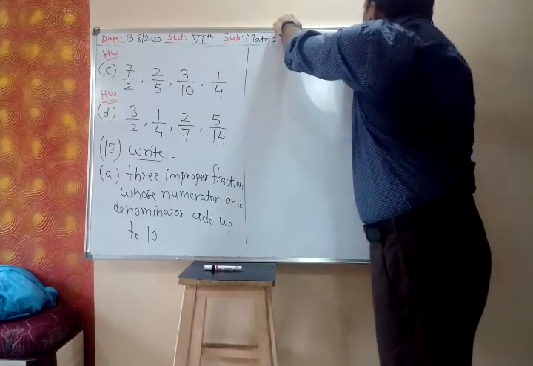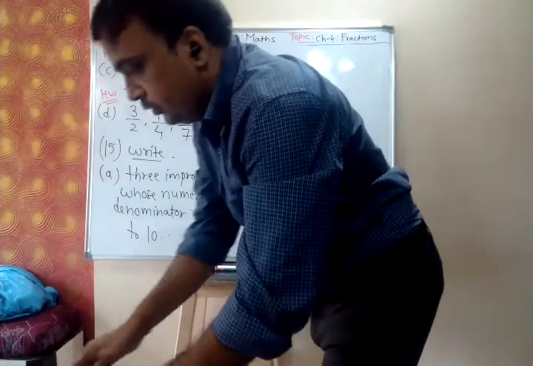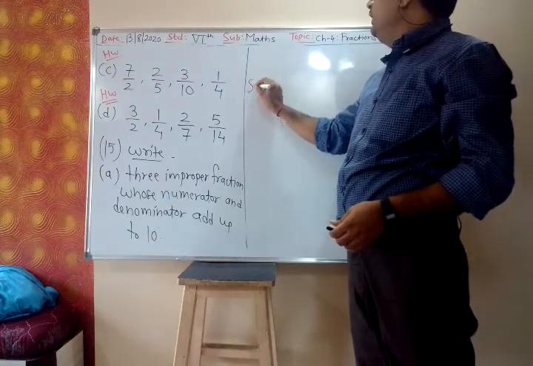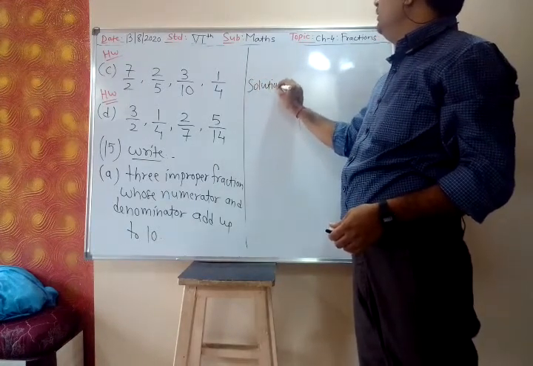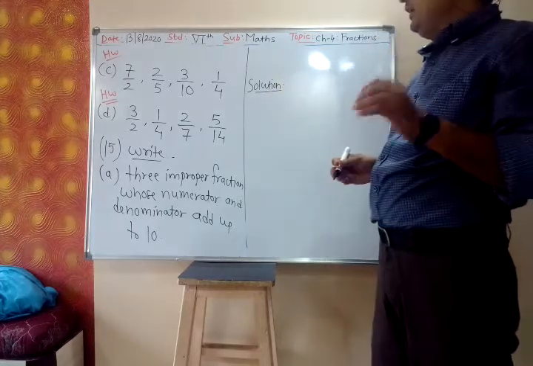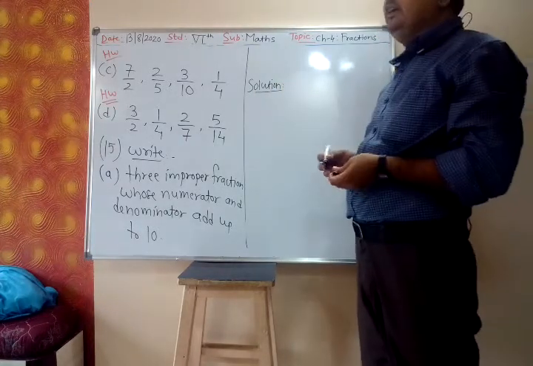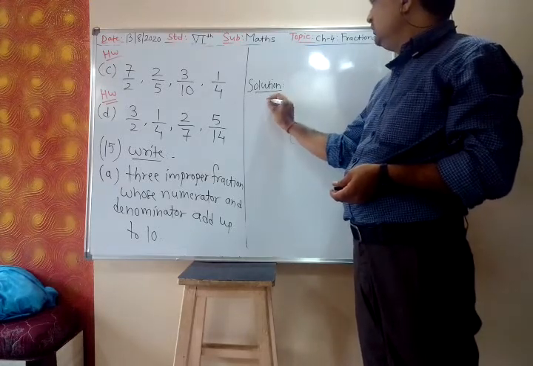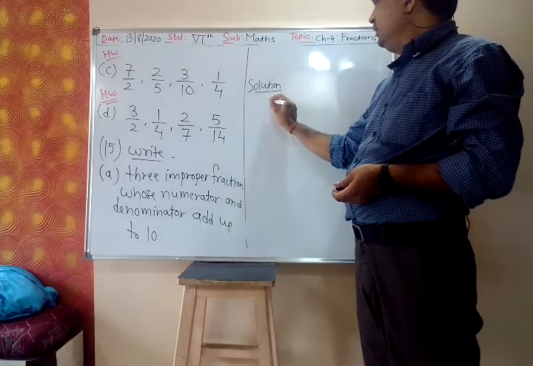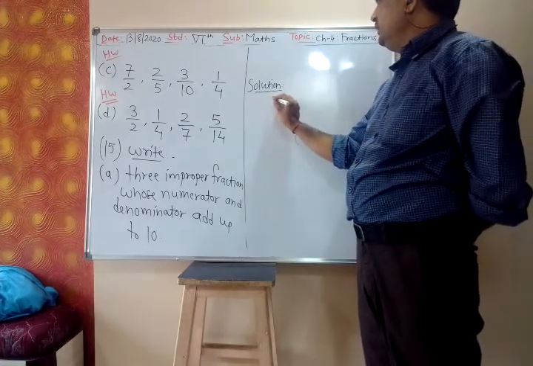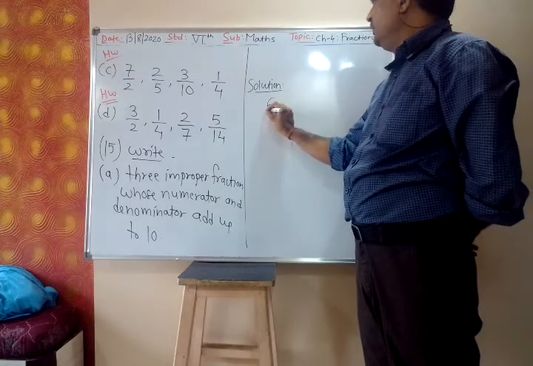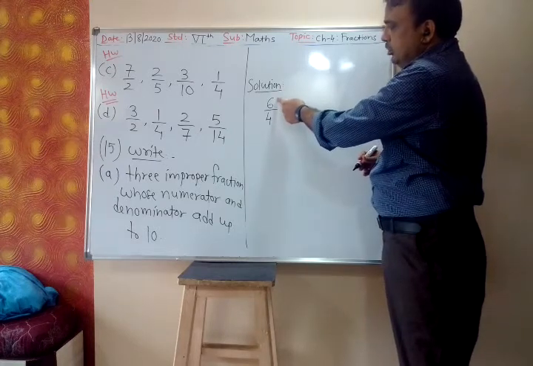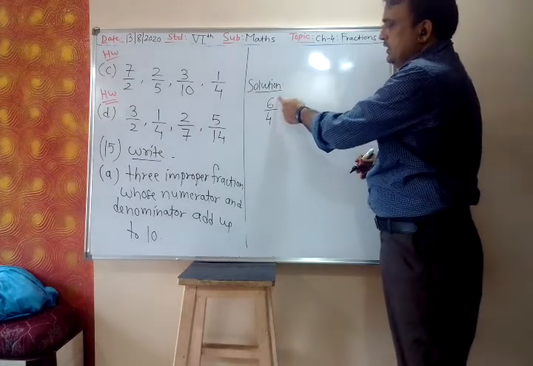We can take 6 by 4. Numerator is bigger than denominator, so this is an improper fraction.